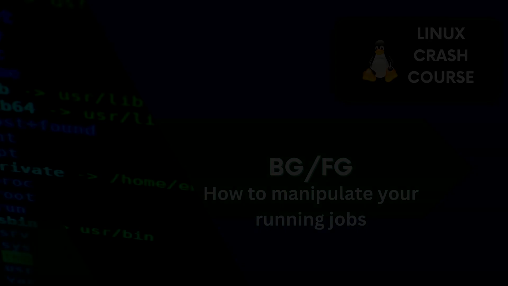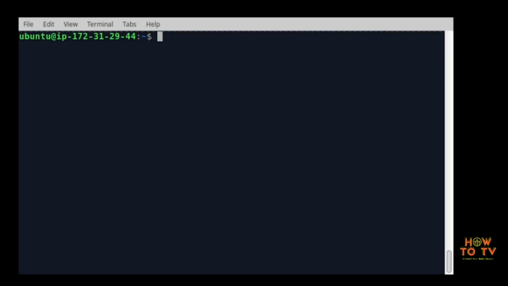So let's go. All right, so we are here again with my terminal as you used to be, because this is a Linux crash course, and we always heavily use our terminal. So we're not using a GUI here.